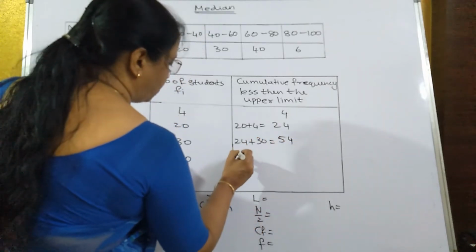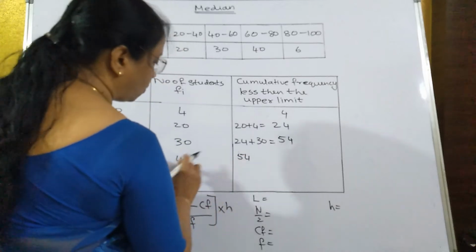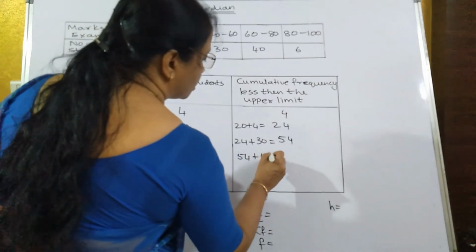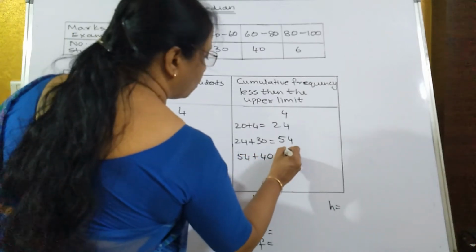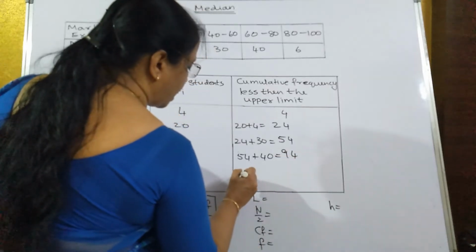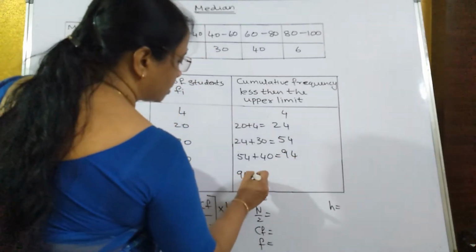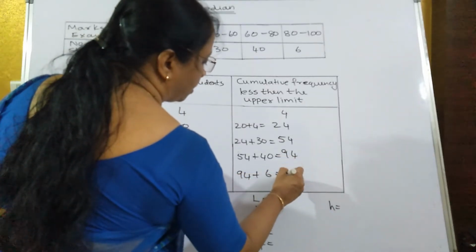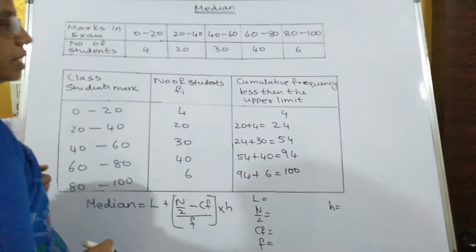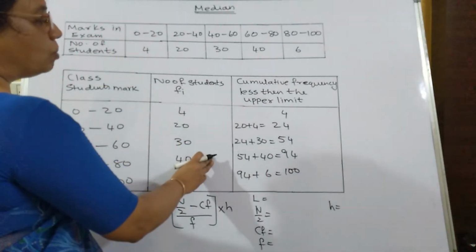Then take this 54 and add this 40, that is equal to how much? 94. Now take this 94 and add this 6. So what you will get? 100. 94 plus 6 is 100. So this we have to find out, cumulative frequency.